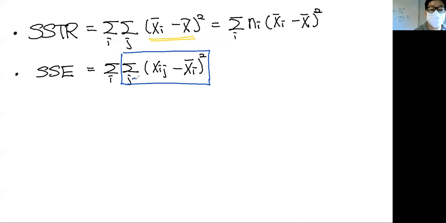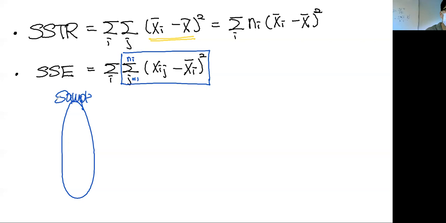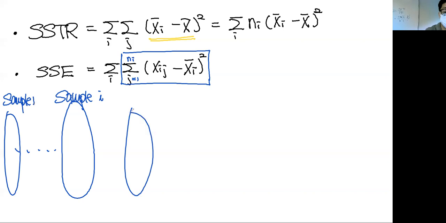It's actually j from 1 to ni. So let me think about the sample i, the ith one. At the beginning, we have sample 1, and the last one will be sample k. But please focus on the one in the middle, the sample i.